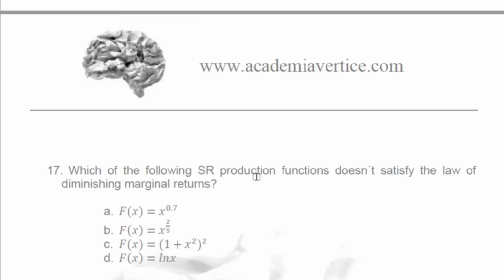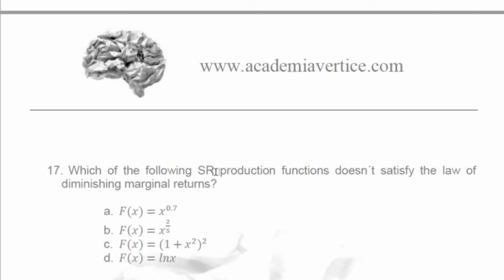Well, 17th. Which of the following short-run production functions doesn't satisfy the law of diminishing marginal returns? Here we have a very good opportunity to see if we understood the definition of the law of diminishing marginal returns from the previous question.